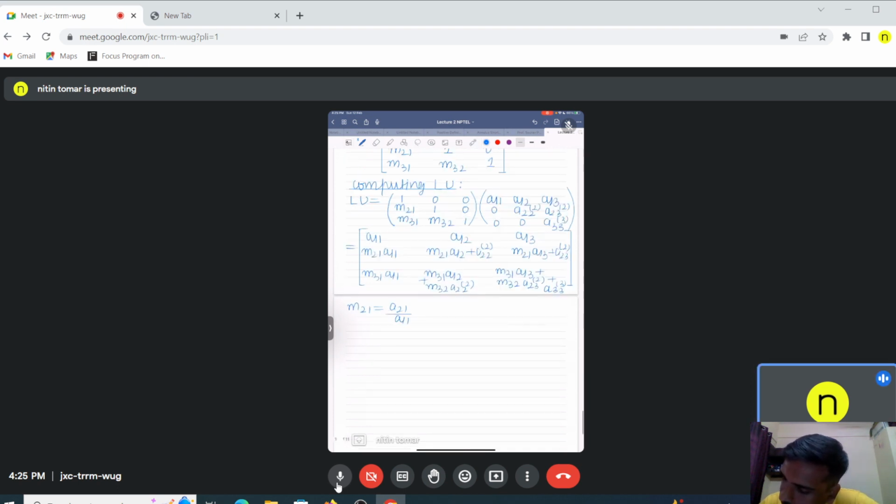So this row is fine, correct? The first row is fine. M31 was A31 divided by A11. So if you write again, you will get A11 as it is, A12, A13. What will the next entry be? It will be A21, correct?